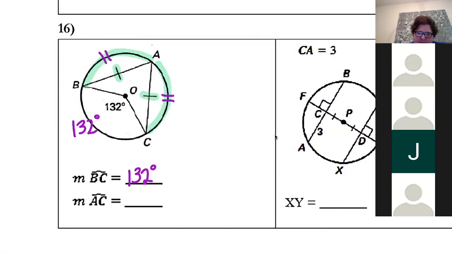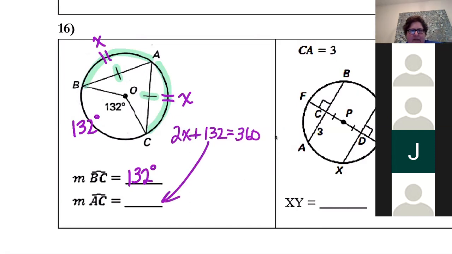So basically, you're subtracting from 360 and dividing it by 2, right? So it'd be 2x plus 132 equals 360. And solve that. Okay, and that would give you the measure of arc AC. And again, what you're using here is that in a circle, chords that are congruent cut off congruent arcs.